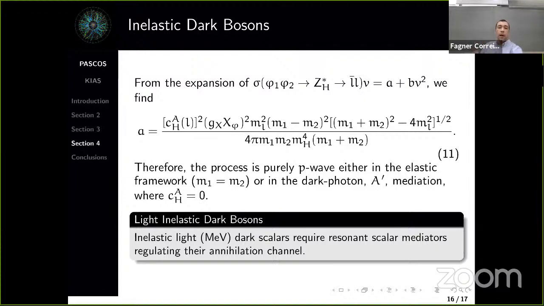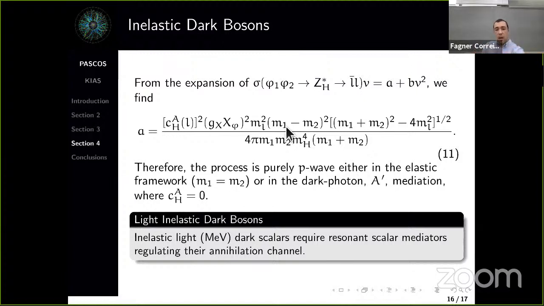We know that for light scalars, which should be present in the K long decays, we would need the annihilation channel controlling the abundance of these fields to be P-wave or P-wave dominated. That is true if the axial components are zero or negligible, or if the splitting between the masses of these fields is small enough, okay?